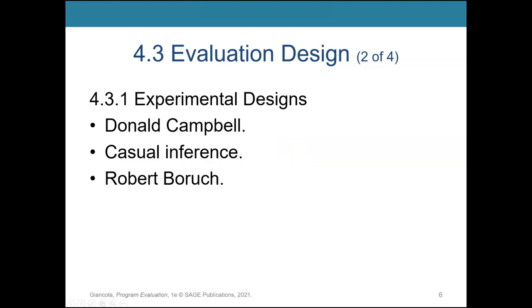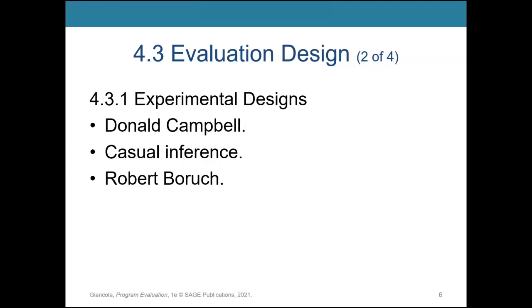Experimental design is where you use random assignment of subjects, and you have a program or intervention that is administered to one group, and you have a control group that is not participating or benefiting from the program or intervention, and you then can compare results. So you've created an experiment with random assignment.